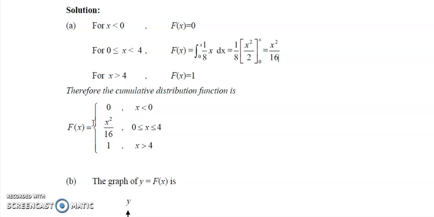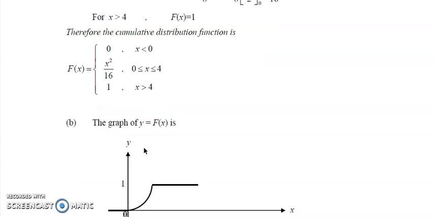Capital F of x is a piecewise function. As I told you, the CDF starts from 0 and adds up until 1. When x is less than 0, we have 0; for x between 0 and 4, we integrate from 0 until x, as we just discussed, so we have x squared over 16; and lastly we have 1 when x is more than 4. I hope you are clear about this part.